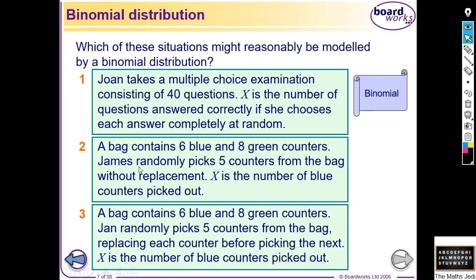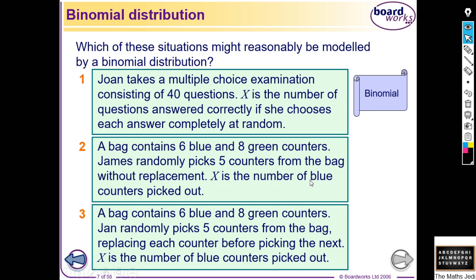This second example, let's have a look at this. A bag contains 6 blue and 8 green counters. James randomly picks 5 counters from the bag without replacement. X is the number of blue counters picked out. What do you think? Is this binomial or is this not binomial? Well, let's go through the list again. It's true to say these are either going to be blue or not blue.